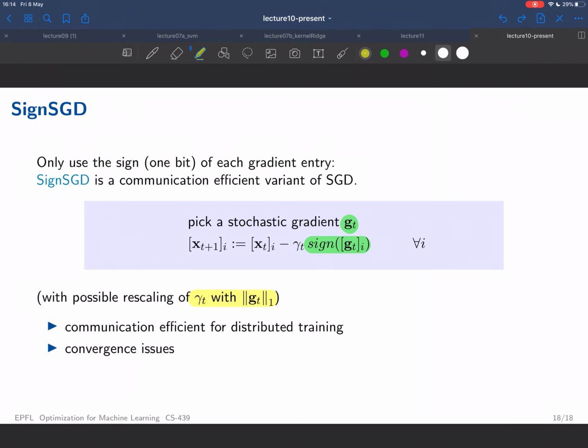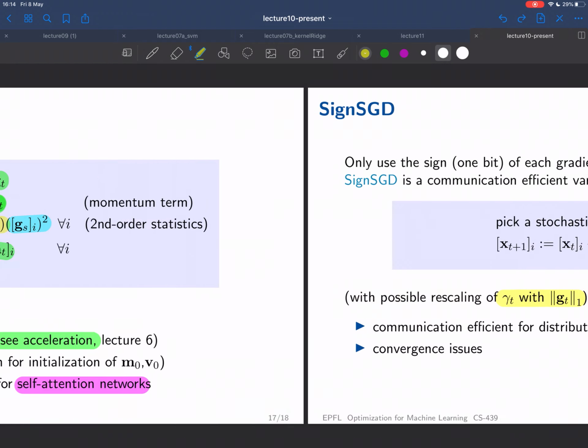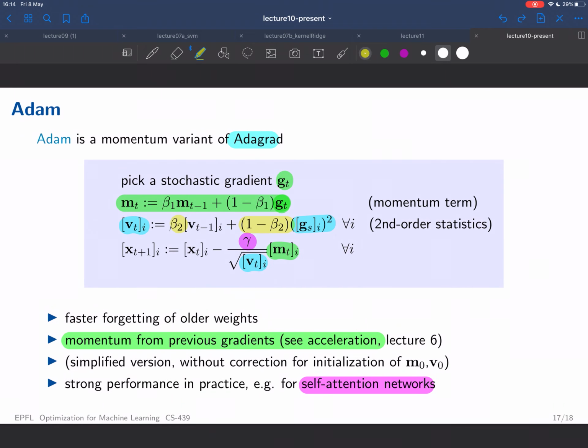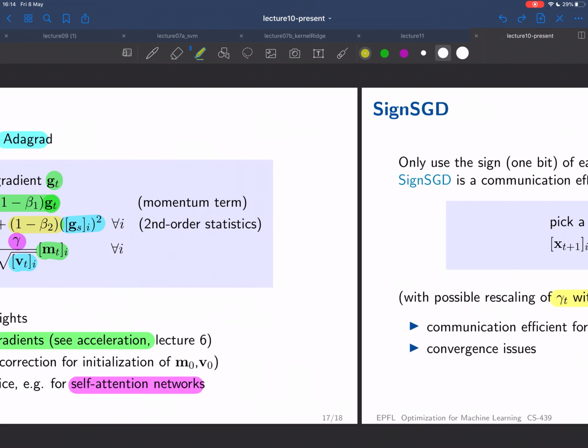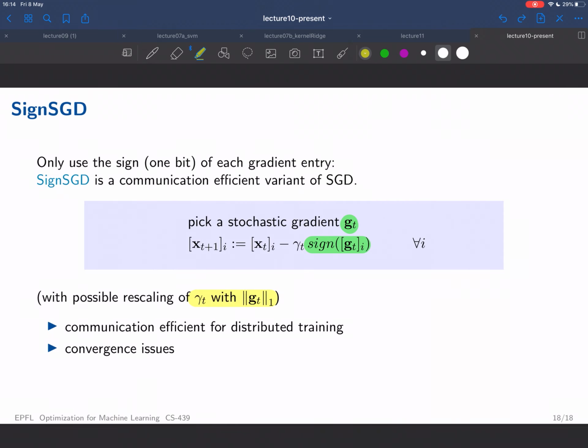Okay, so that's interesting and can have some practical applications. It turns out it's actually wrong as an algorithm. Both Adam and signSGD are wrong in the sense that they have problems converging on convex problems. There are some specially crafted convex problems where you can prove that these algorithms will not work. Both Adam will fail and signSGD will fail.